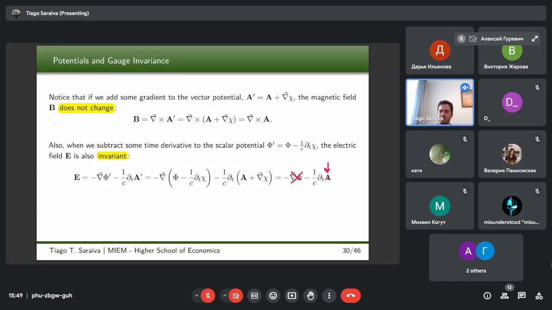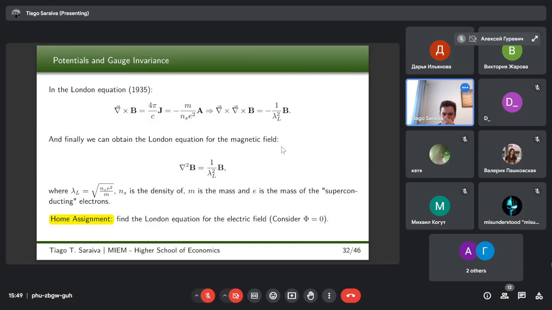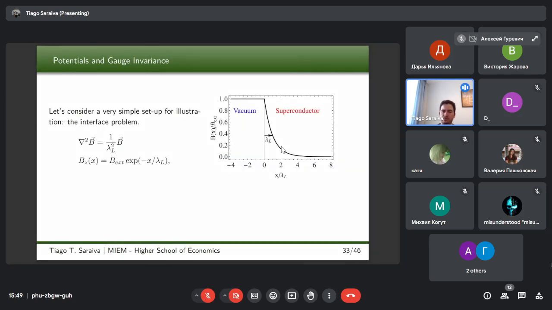Instead of A, we saw that there is a relation that puts the current here, with some proportionality constant. So the second London equation says that the electric field inside the material is proportional to the time derivative of the current. But you don't need to calculate this.